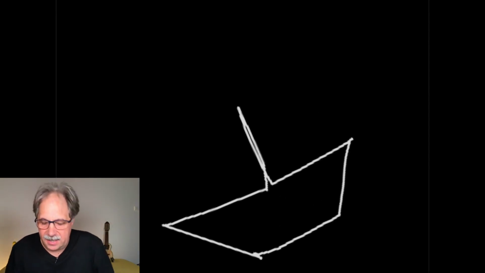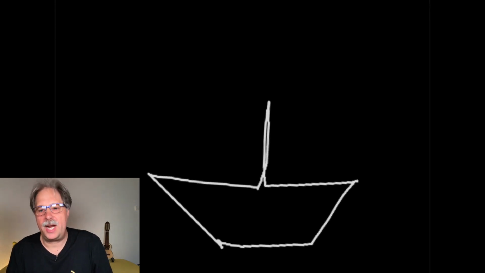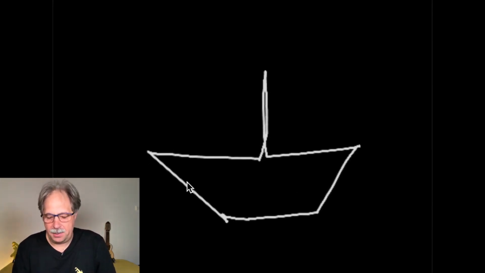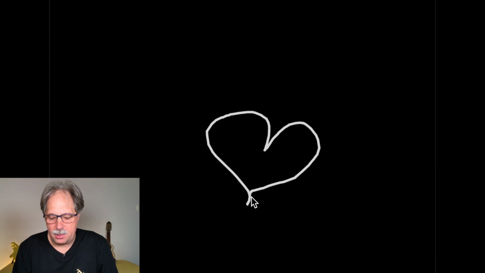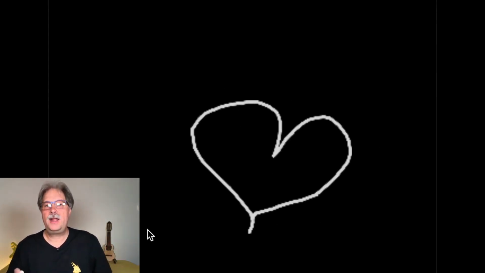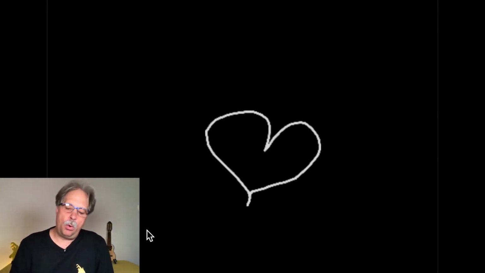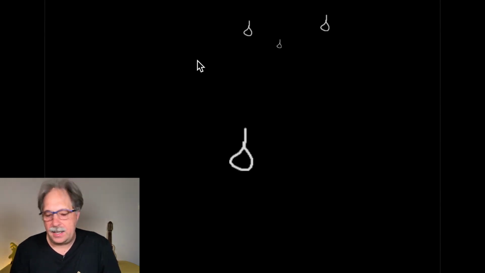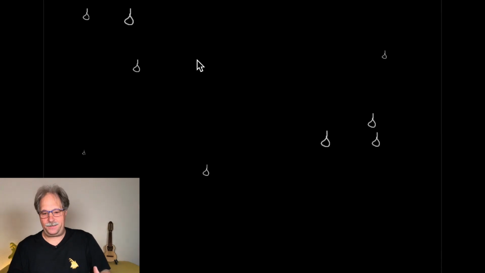Now this is easy if it only knows one shape, but what if we have different shapes? For example, one thing I'd like to draw now would be a heart shape, and now the program should notice that it's a heart and it beats. Or I could draw something that looks like a raindrop and make it rain.